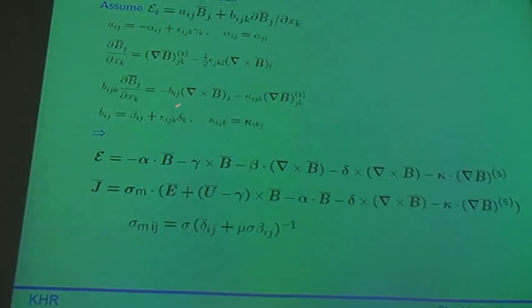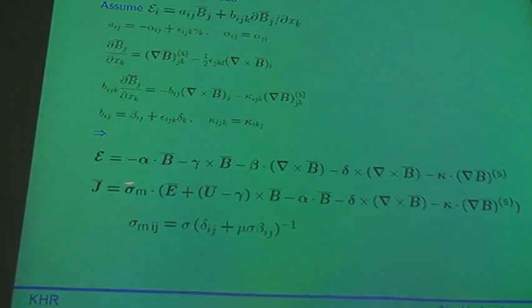You can write it in this form, second rank tensor times the curl of B, and a third rank tensor times the symmetric part of the gradient tensor of B. Now you can split again this Bij into a symmetric part and an antisymmetric part with a vector, say, delta.